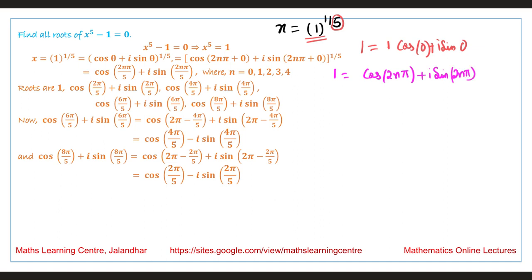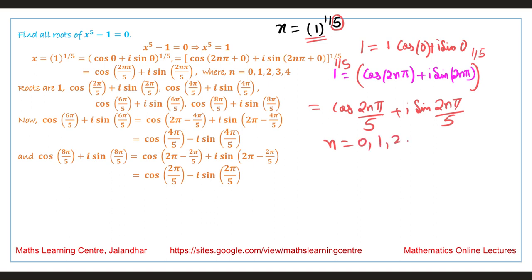Now, if we take power 1 by 5, we get cos of 2n pi by 5 plus iota sine of 2n pi by 5, and the values of n will vary from 0, 1, 2, 3 and 4.